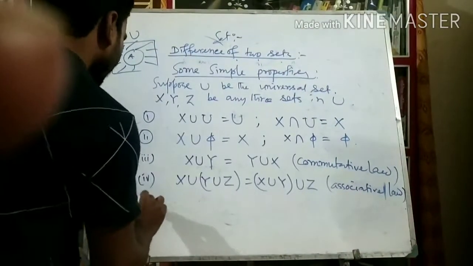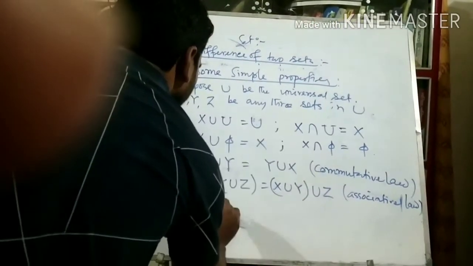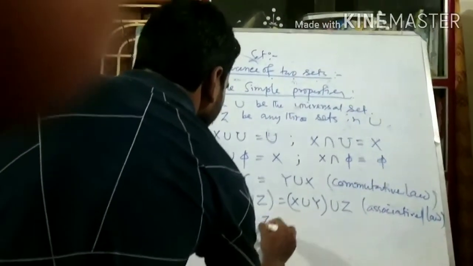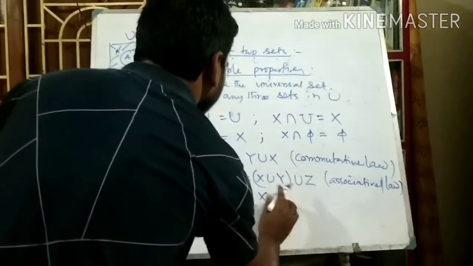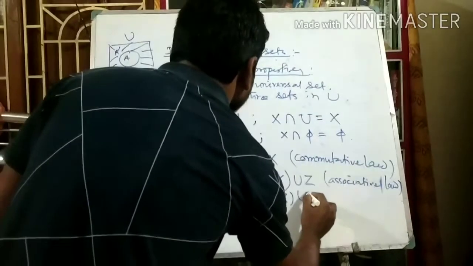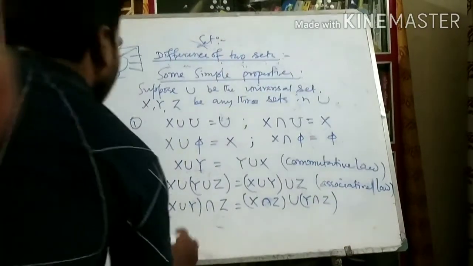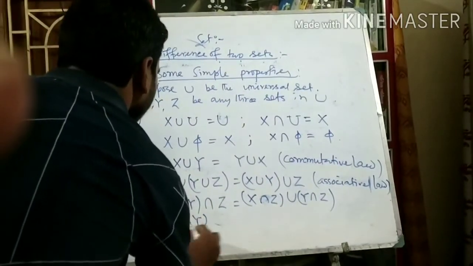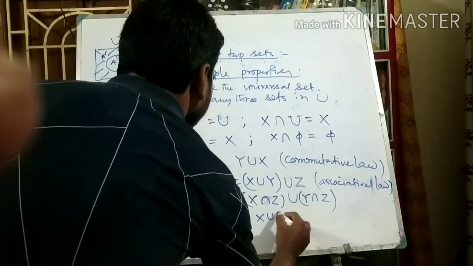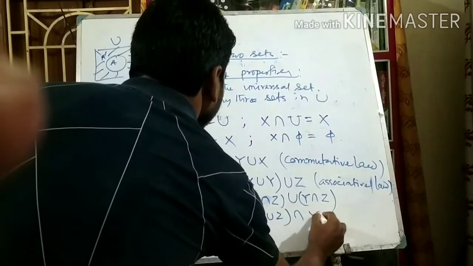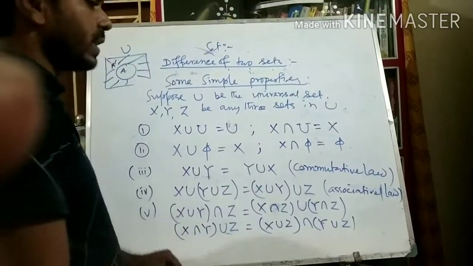Number 5, X union Y intersection Z is equal to X union Z intersection Y union Z. X intersection Y union Z is equal to X intersection Z union Y intersection Z. These are all simple properties that you can check easily.